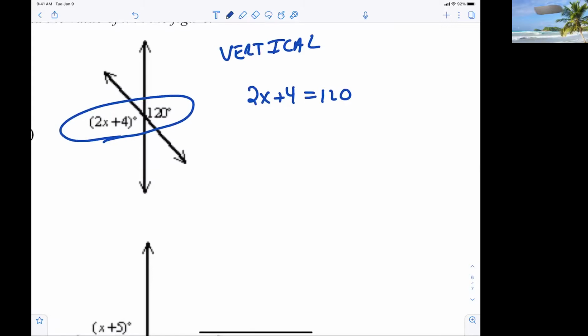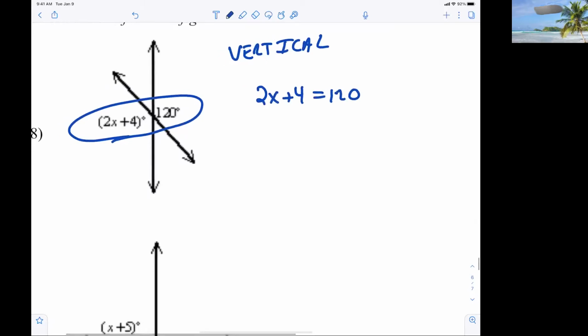So what do I do first, KK? What am I supposed to do first? I'm solving this equation. To solve this equation, I've got to get rid of the plus 4. How do I get rid of plus 4?